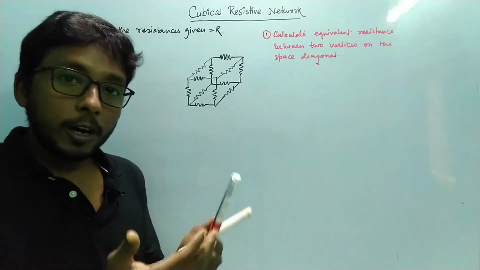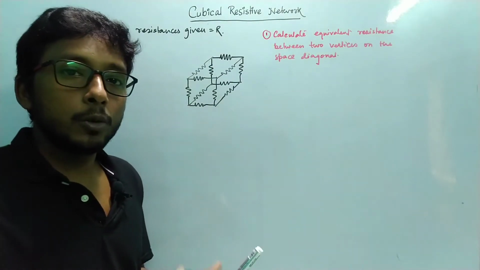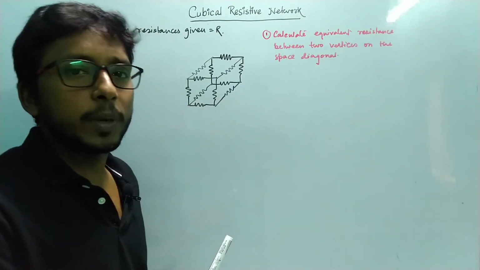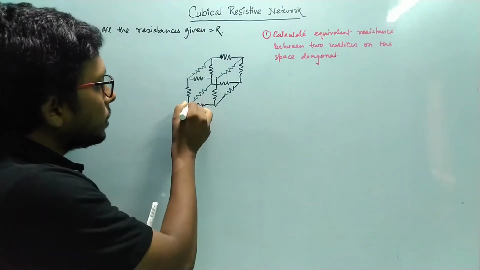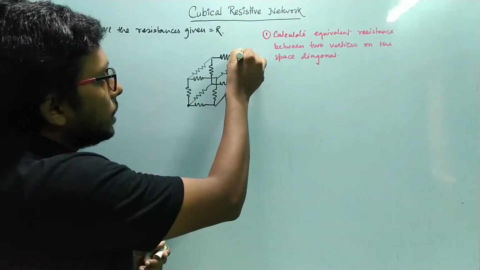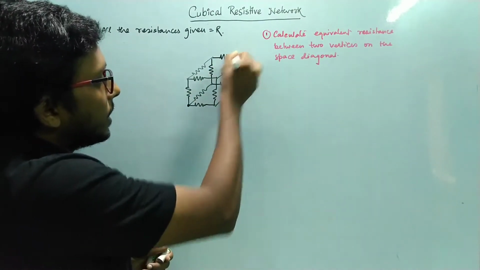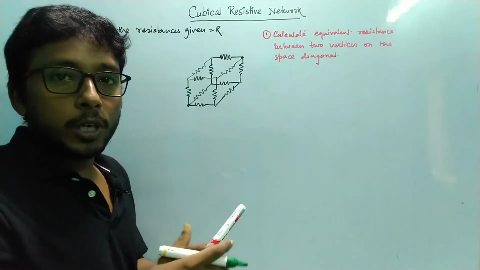So first let's take two vertices on any space diagonal. If I connect these 2 points, then it will be a space diagonal.